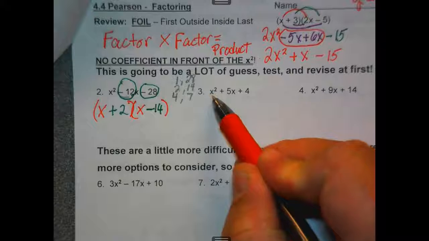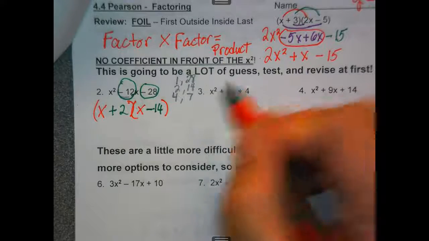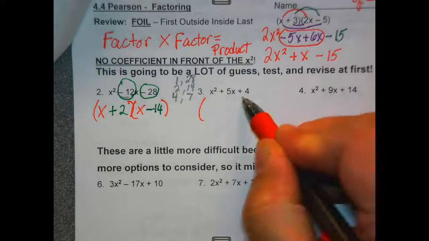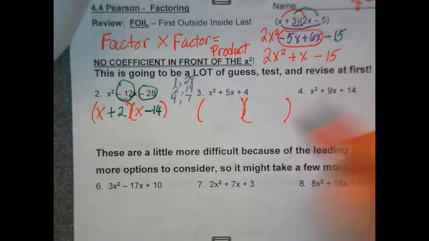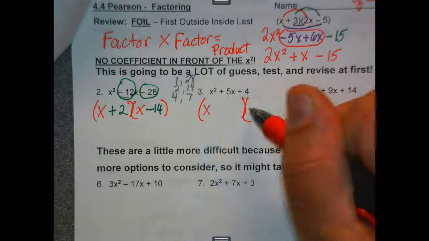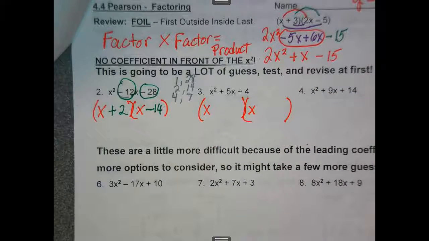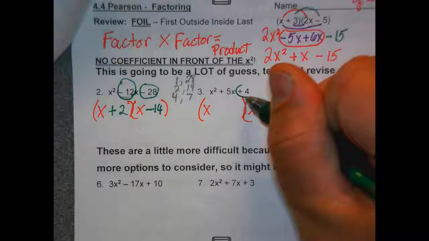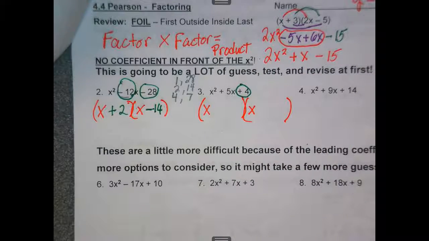Okay, my first term, x squared. My a is 1, so this is going to be easy, hopefully. The only way to get x squared is x times x. Okay, I'm going to look at my c, positive 4.